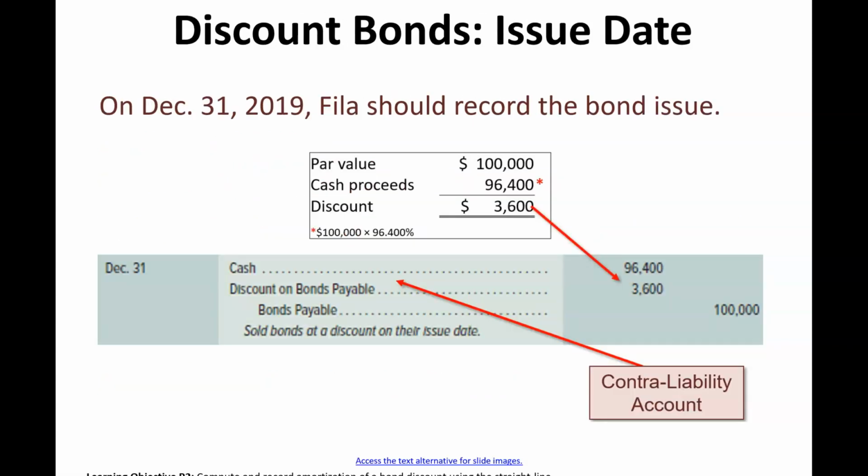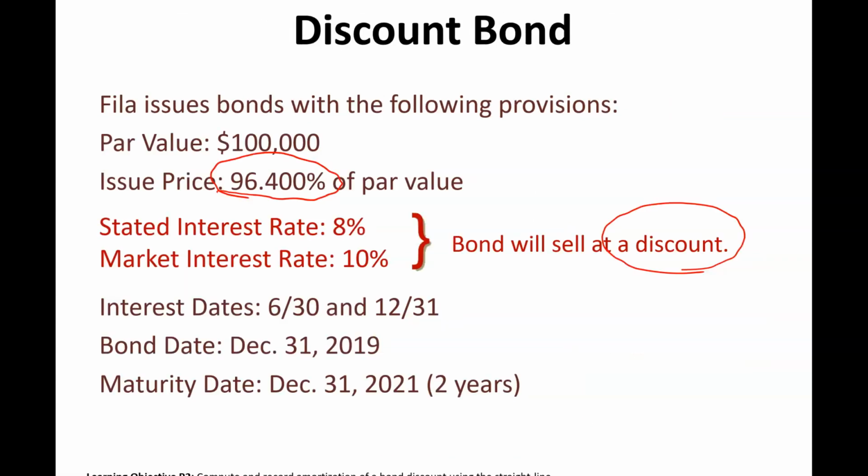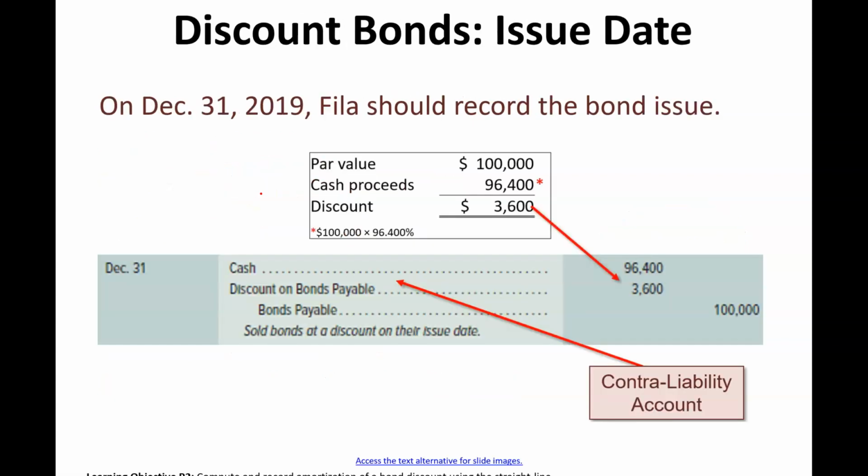Okay, par value is $100,000. And we are only going to get 96.4%, because remember, 96.4%.